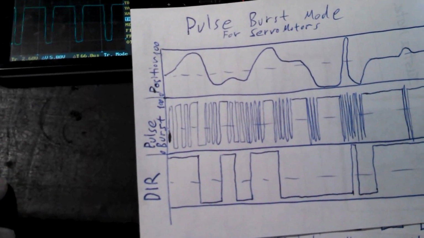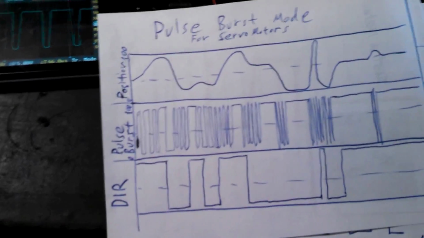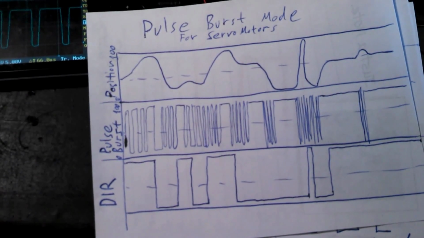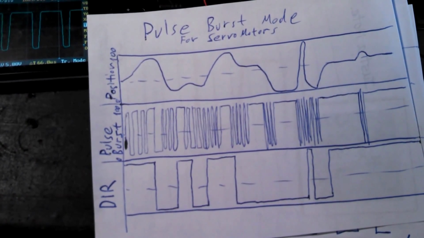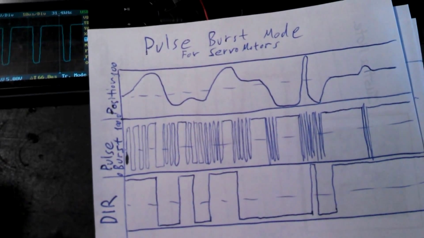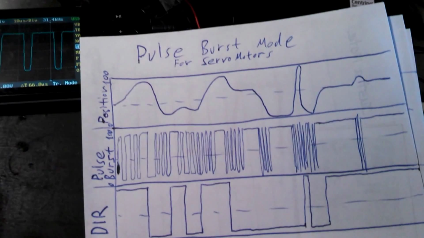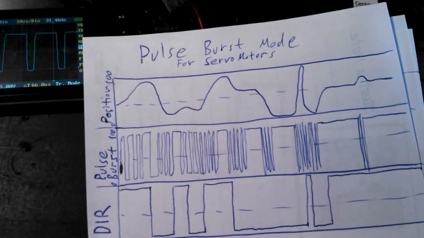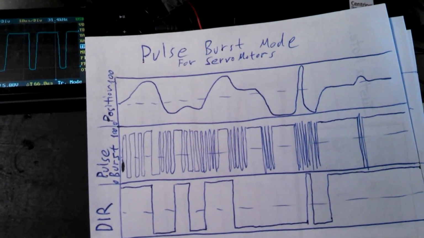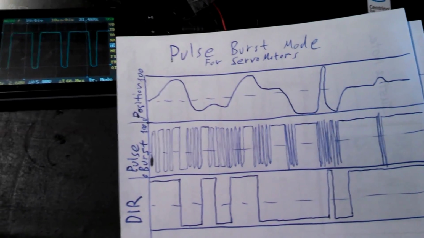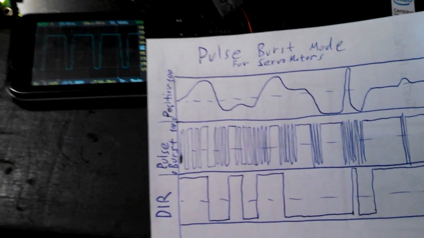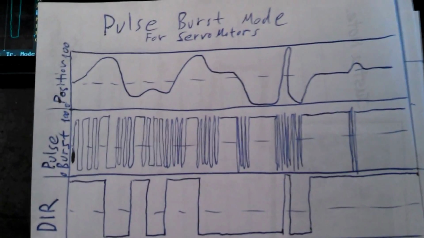If you choose to send a step of 100 pulses, it will move exactly 100 steps. Now how much is that step? You have to define that in the servo motor itself. That depends on the resolution of the servo motor, what 100 steps mean for the servo motor or the servo engine.